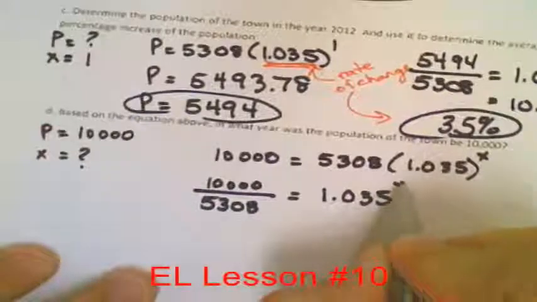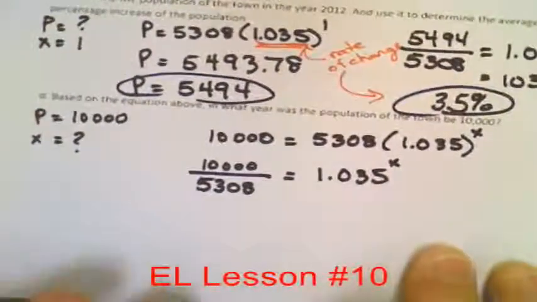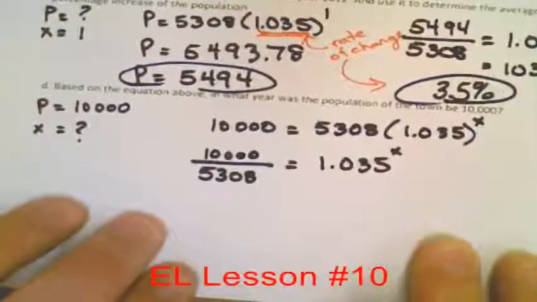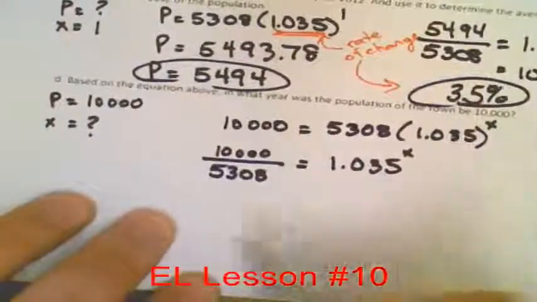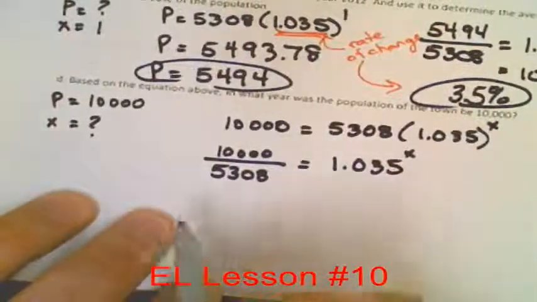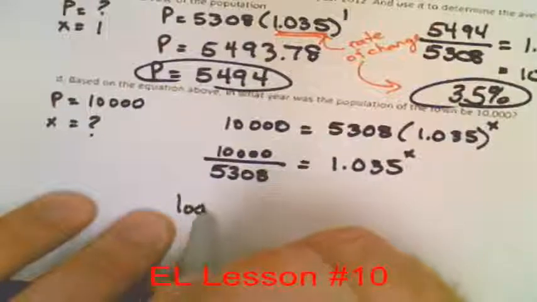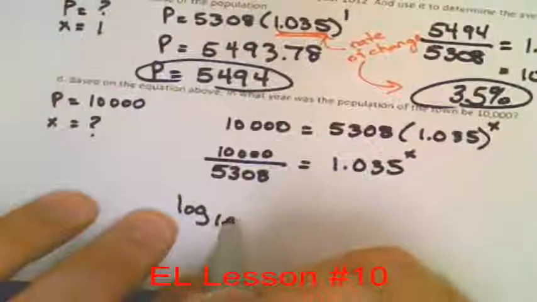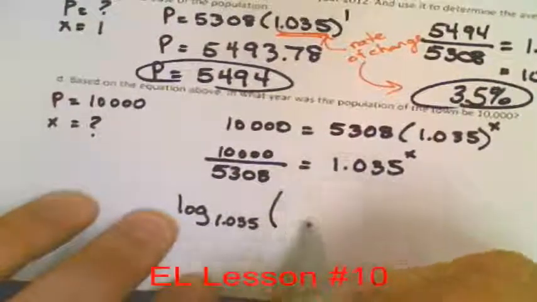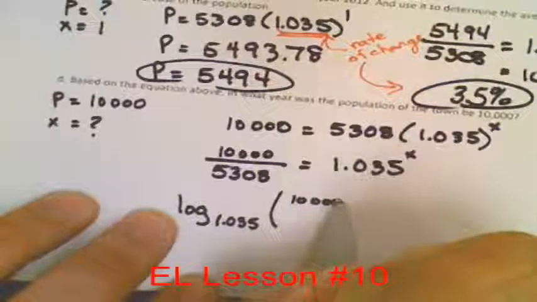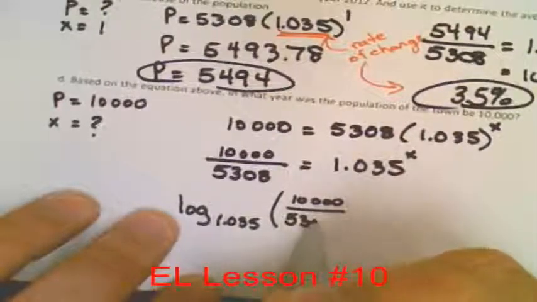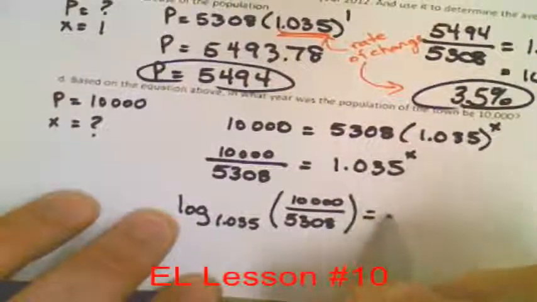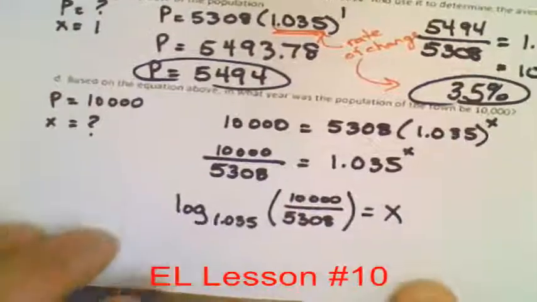This is an exponential equation. We've solved lots of these. That coefficient can't be multiplied to that base until after I've done the exponent. Since I can't do the exponent, I can't do that multiplication, so I'm going to divide it off. So I get 10,000 divided by 5,308 equals 1.035 to the power of x.